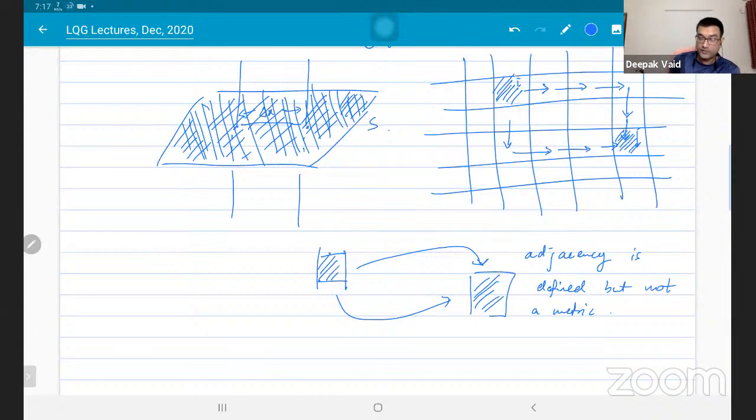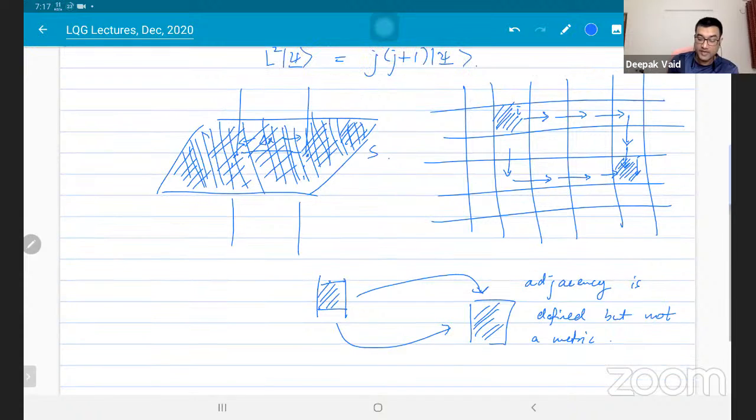So to define the notion of distance between punctures, I first need to have a sort of a semi-classical state, and when I have this tessellation, I am endowing the surface with a metric.